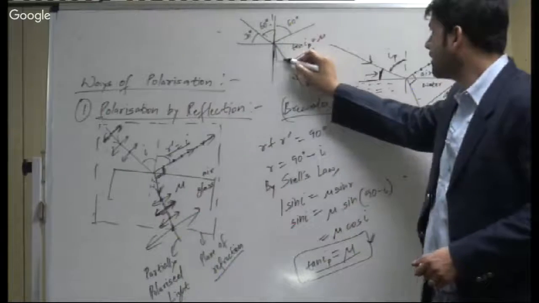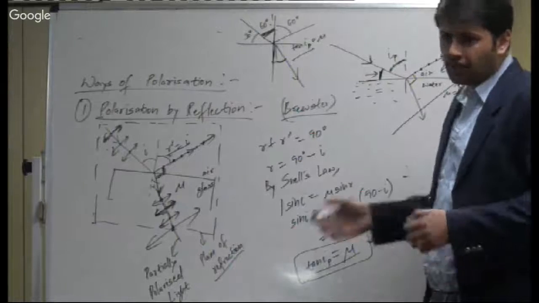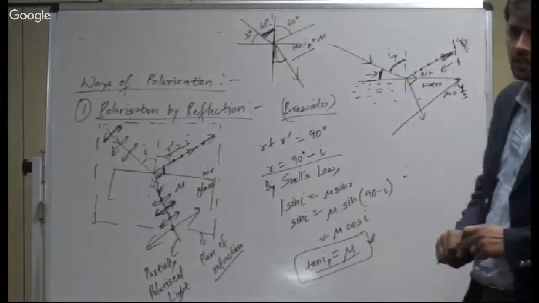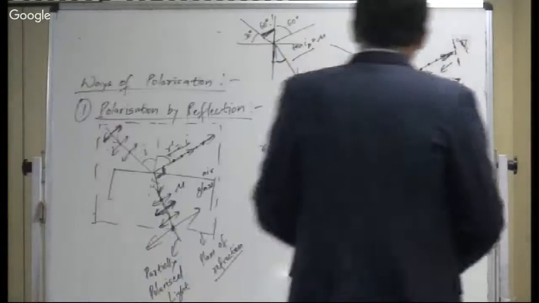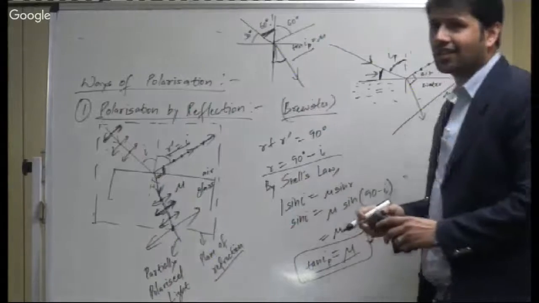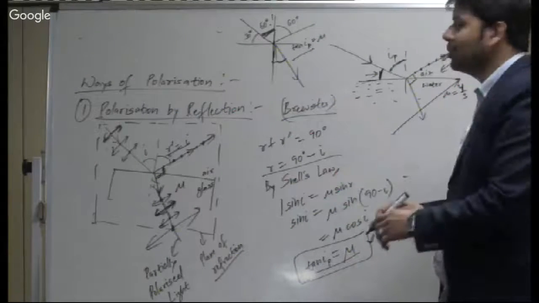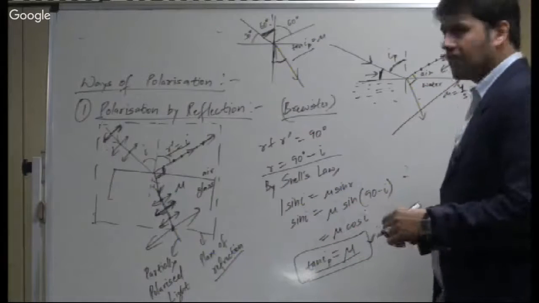To find the angle of refraction, you can use Snell's law, or directly use r equal to 90 minus i. It was an easy one. The questions in this chapter are not that difficult. It's just that it is related a little bit to EM waves, so that's why it appears to be a difficult chapter. Is it okay? Can we continue?